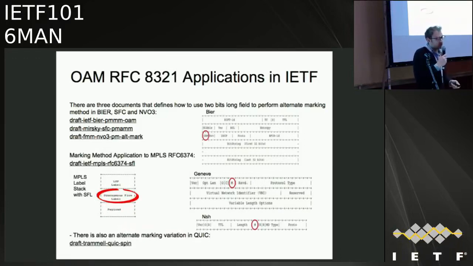There is also an application on MPLS, for MPLS RFC 6374, where the synonymous flow label is dedicated to the flips methodology, the marking methodology. And there is also another variation of this method in QUIC that is also called the spin bit method.